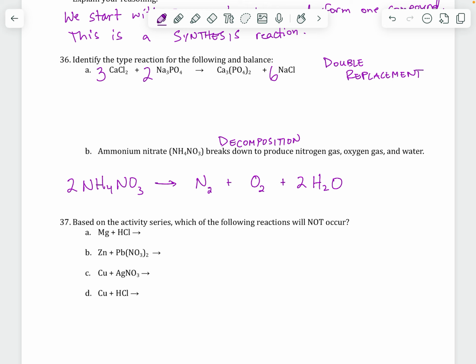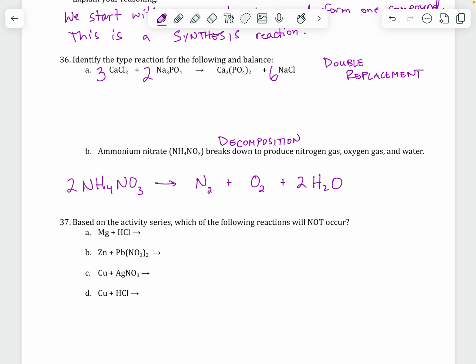And so now that we've changed oxygen, what's nice is that by keeping this here as a 2, we'll now need to change our number of hydrogen on the product side.